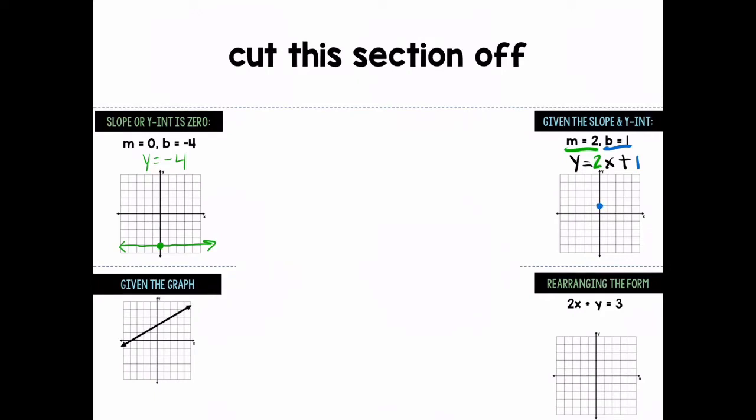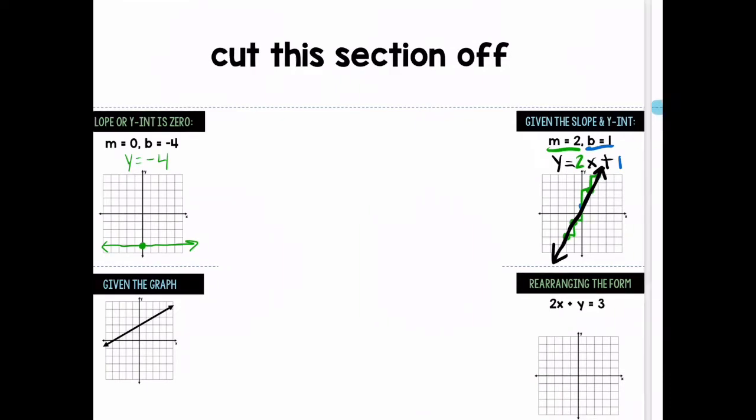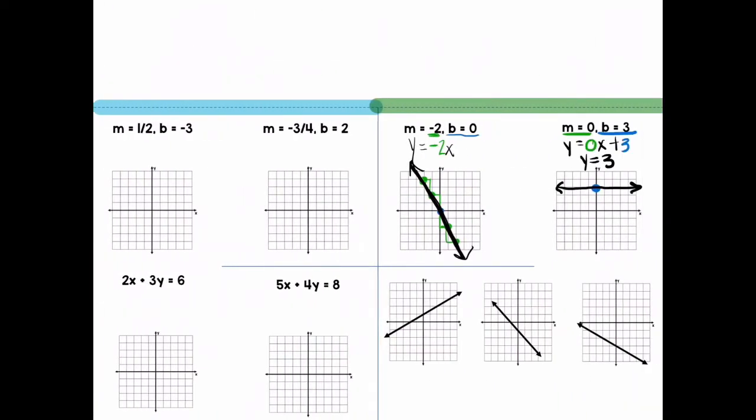Then your slope is 2, so you're going to go up 2 over 1, or down 2 to the left 1. You really only need 1 or 2 points, but if you want to do more, you can, just to make sure you get the straight line. And then here is my linear line. It's a straight line.